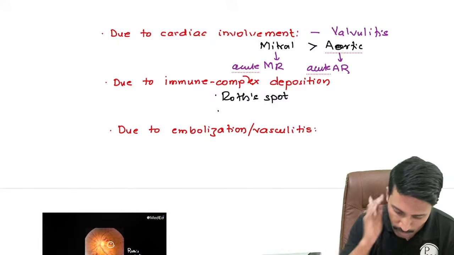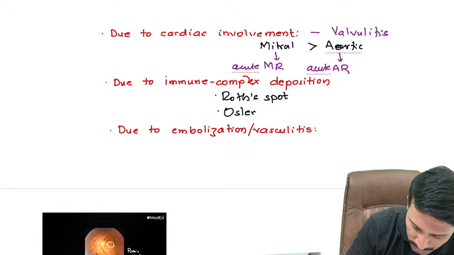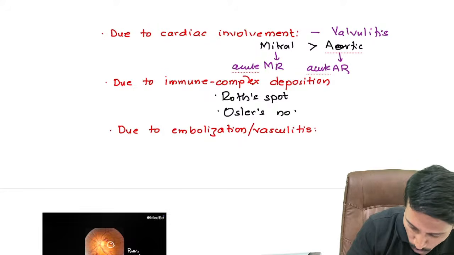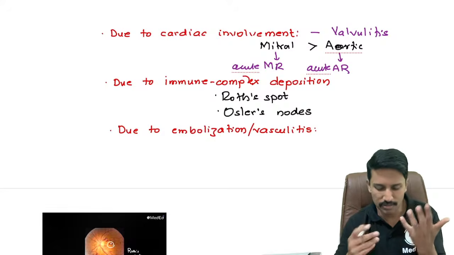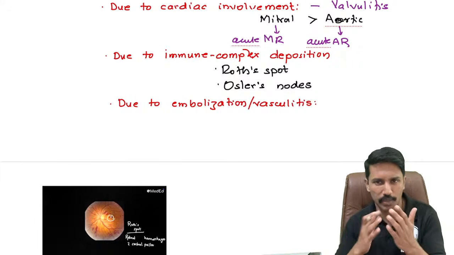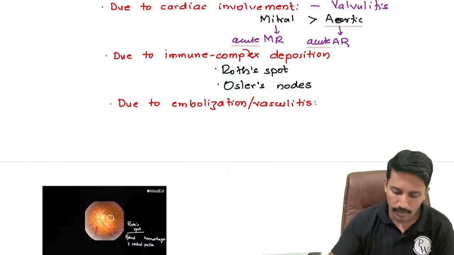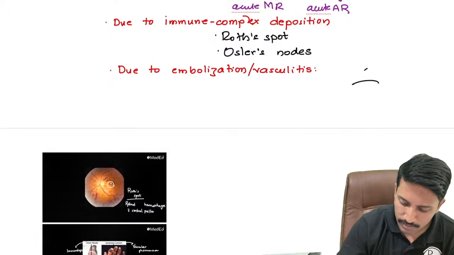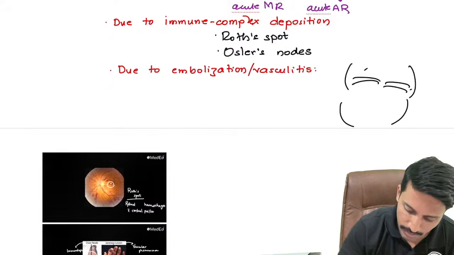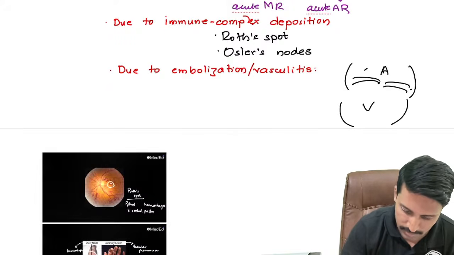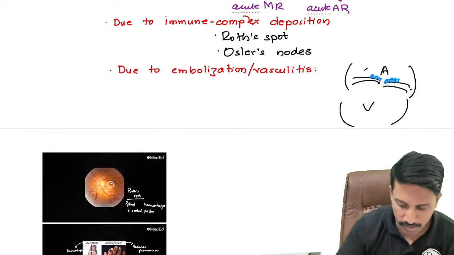Okay. The second immune complex deposition manifestation is something called Osler's nodes, which are seen on the patient's distal parts or apical parts like the palms and soles. Osler's nodes. Apart from that, let us say this is the atria, this is some ventricle, there is some valve, let us say the mitral valve, and the vegetations are formed here.